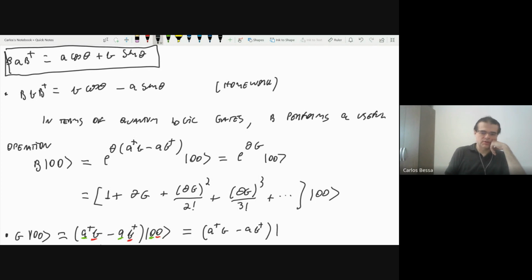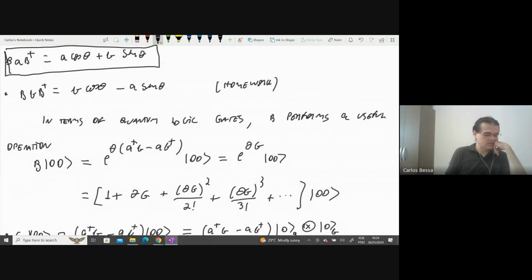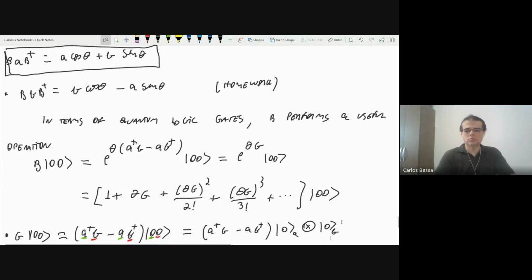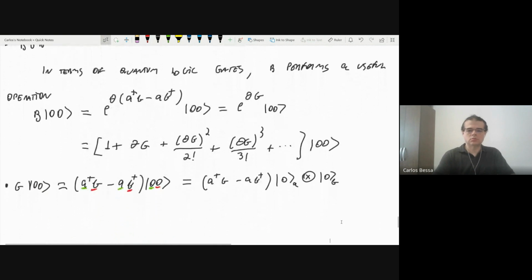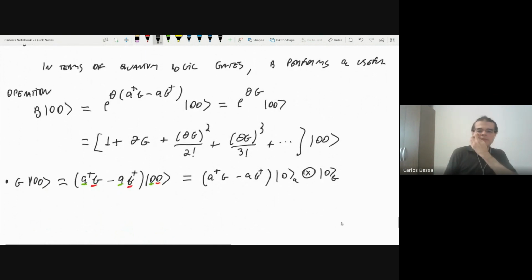So this 0, 0 state is the same as 0 in the state A, 0 in the state B. A dagger applied to this state will give 1, it creates 1 photon.